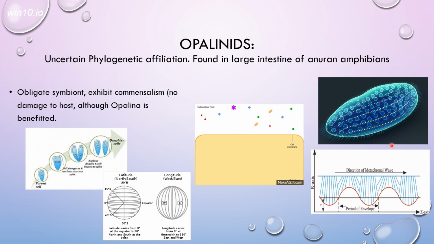And when these are eliminated through the frog's feces, from there they go into different hosts. And generally for opalinids, the type of nutrition they follow is similar to pinocytosis, where the contents or absorbed solutes are taken in by the cell through this process.